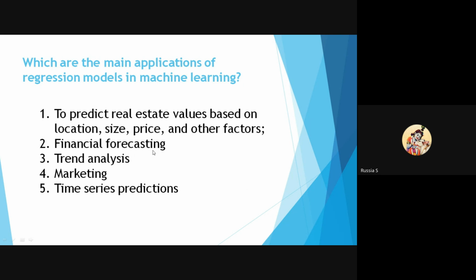Then financial forecasting, mainly used for stock. Trend analysis, also stock market analysis: what is the trend going on? And then marketing and time series predictions. In these application cases, we are using regression.